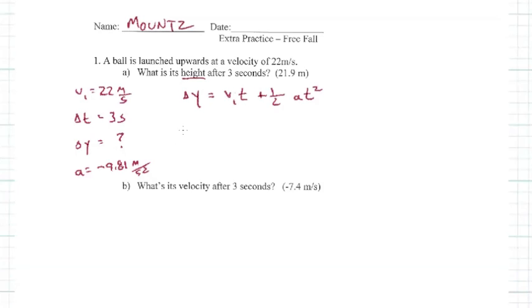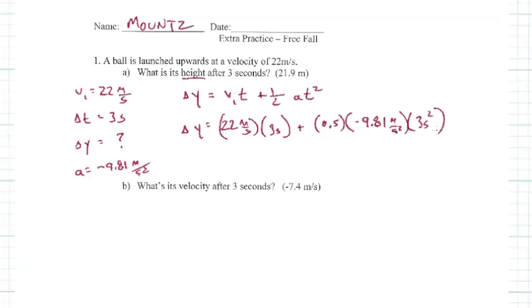So our delta Y, our displacement, is going to be 22 times 3 seconds, 22 meters per second times 3 seconds, plus 0.5 times negative 9.81 meters per second squared, times our time, which is 3 seconds squared.